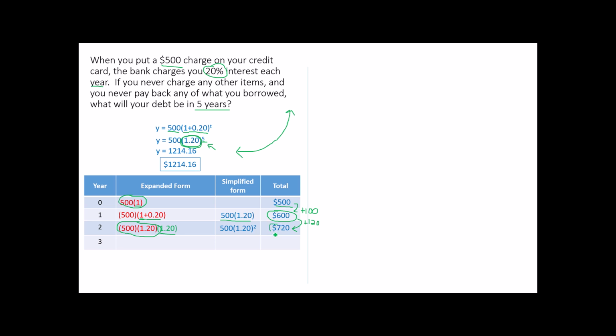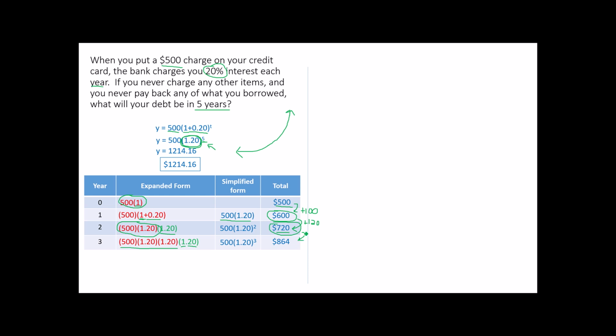At the beginning of year 3, I owe them $720, or 500 times 1.2 times 1.2. Again, that's from the previous line. That's the $720. But they're going to charge me 120% of that. The 100% I already owe and 20% more, making it 500 times 1.20 to the third power, or $864.